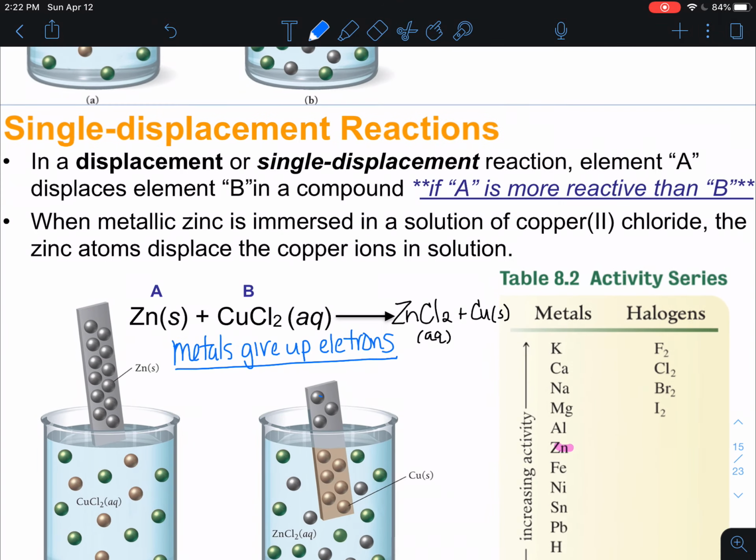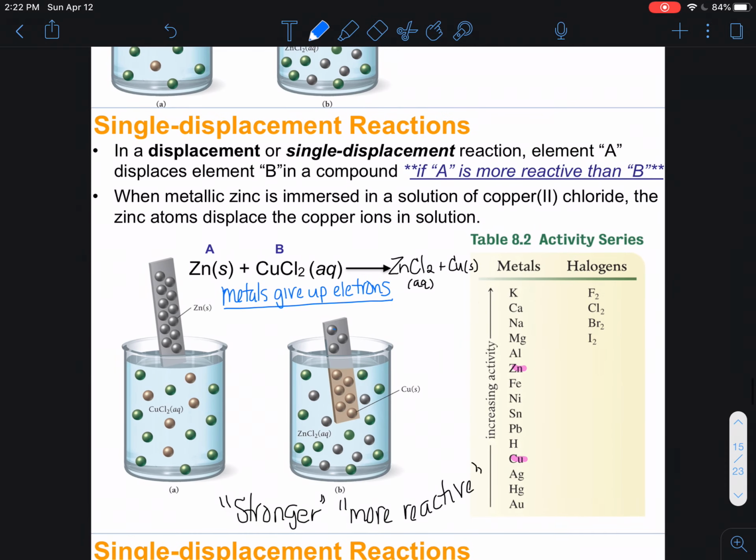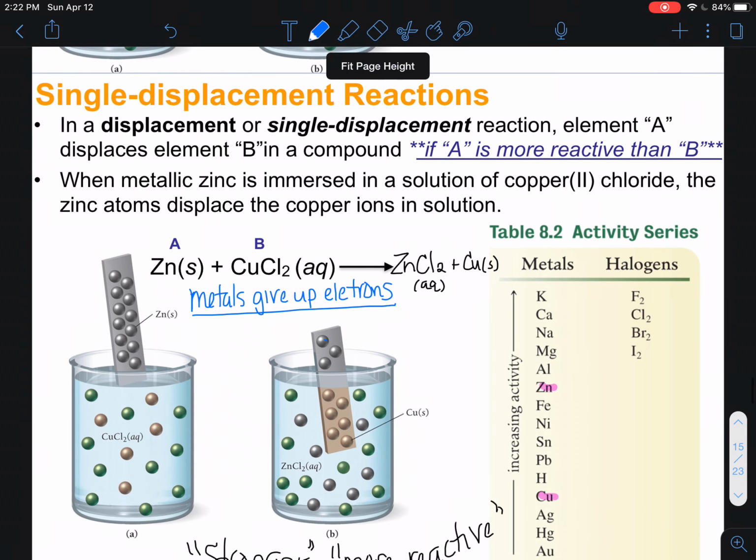That's what they do. So if a metal is more reactive than another, let's look at this scenario right here. In this scenario, zinc hasn't given up any of its electrons, right? Because it's only zinc. Copper has given up its electrons to chlorine, to form chloride, right?